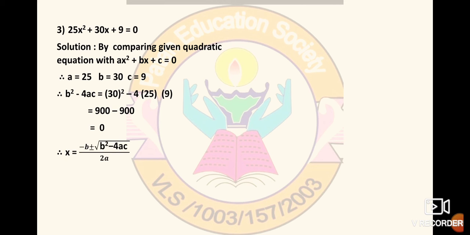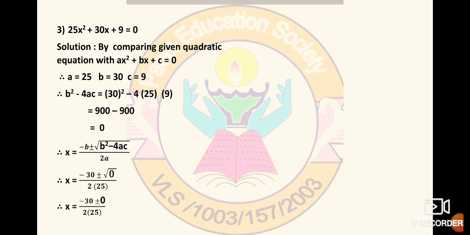Now the standard formula of the formula method, that is x is equal to minus b plus minus under square root b square minus 4ac upon 2a, that is twice of a. Substitute the values. x is equal to minus, the value of b is 30, so minus 30 plus minus under square root b square minus 4ac is 0, so 0 upon 2a, so 2 in bracket 25, which is the value of a.